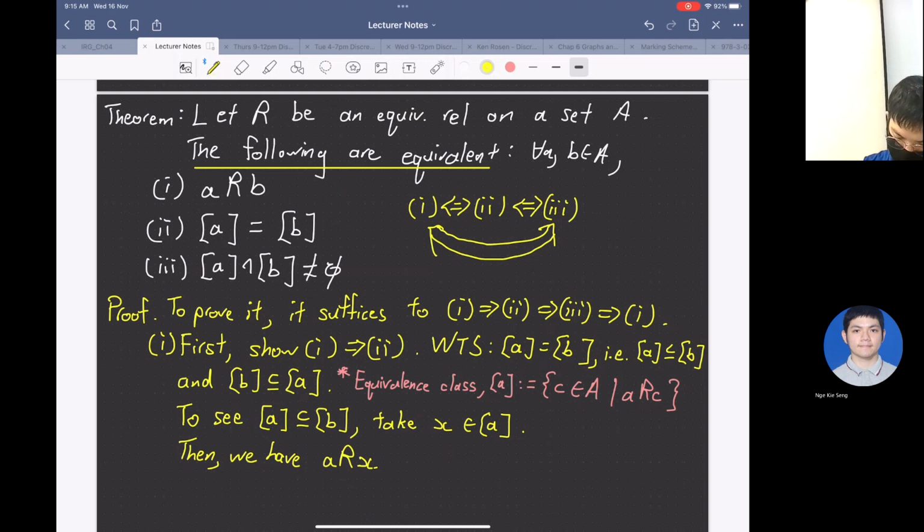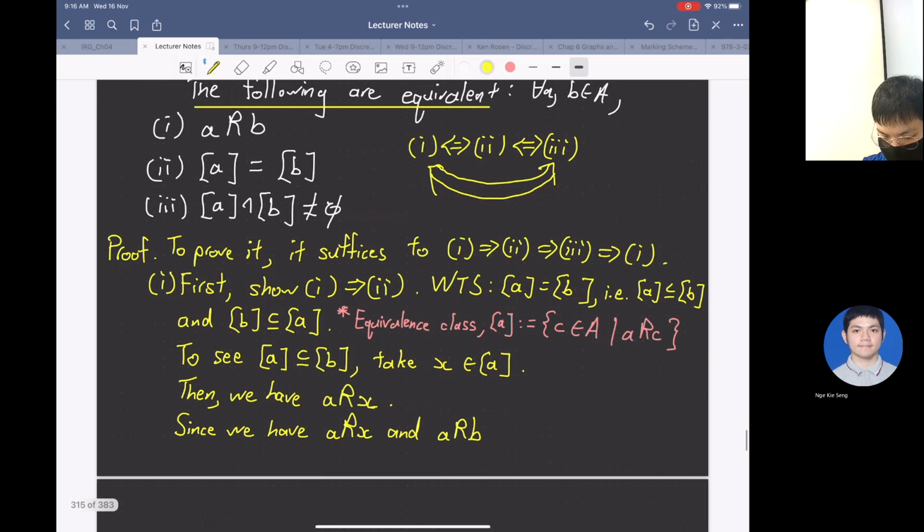So we got A is related to X, and we have A is related to B. Again, what can we conclude?